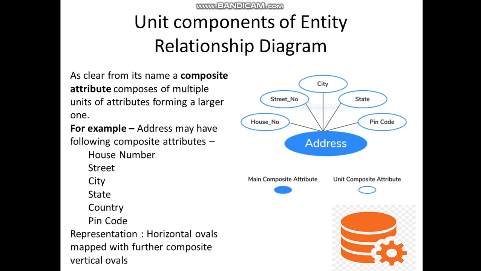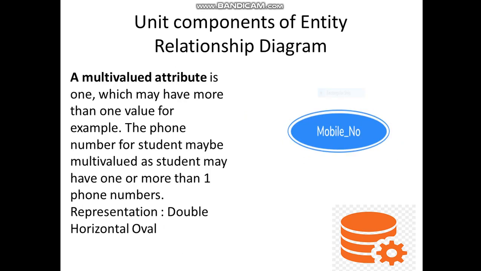Okay, so an attribute which can be divided further into different attributes are called as composite attributes. Next is multi-valued attribute. A multi-valued attribute is one which may have more than one value. For example, the phone number for student may be multi-valued, as student may have more than one phone number, and it is represented by double horizontal oval.